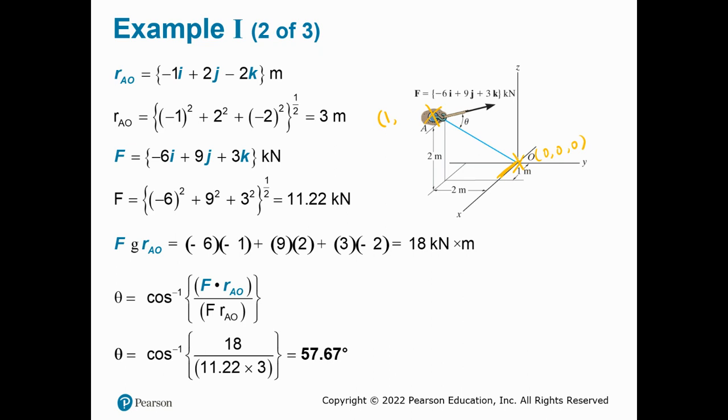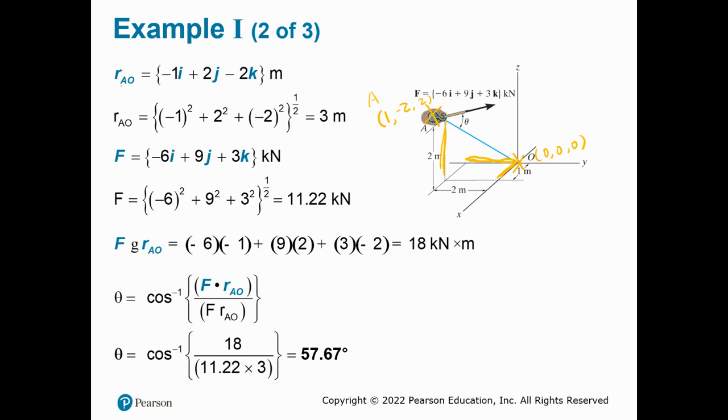The Y value is going this way, so that's going to be -2 because it's going in the negative direction of Y. And then the Z component will be that much, +2. So this is my coordinate for A.